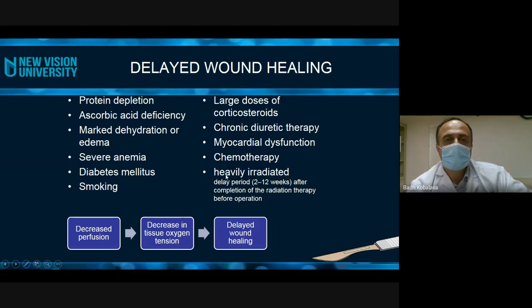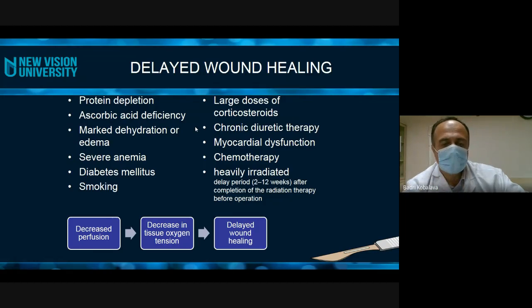So radiation therapy is an important part of the therapy of oncological patients, and it is used preoperatively or postoperatively. So if it is used preoperatively, then 2 to 12 weeks are necessary before surgery to decrease complications caused by the irradiation, including delayed wound healing.